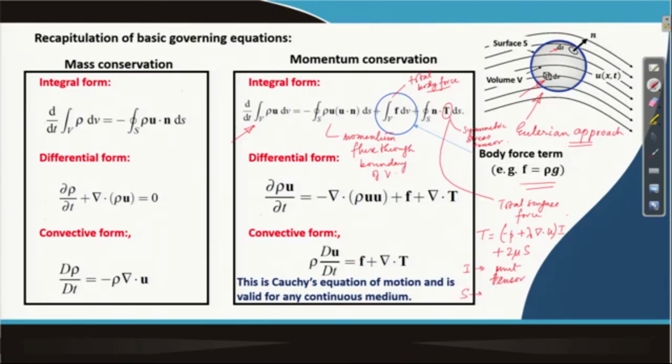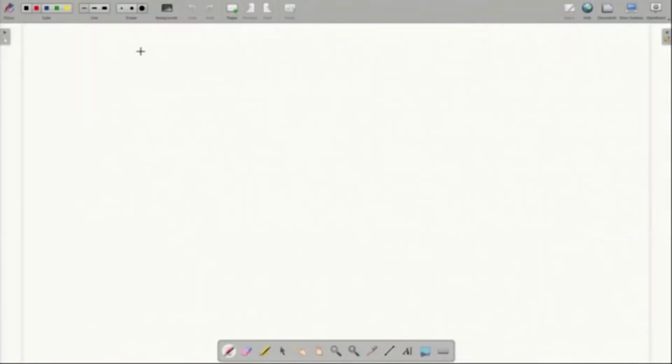And S is the rate of strain or deformation tensor. Into it you can show that the stress tensor S is given by this, and of course, as you can understand, these are all tensors because nabla operates on the u vector.